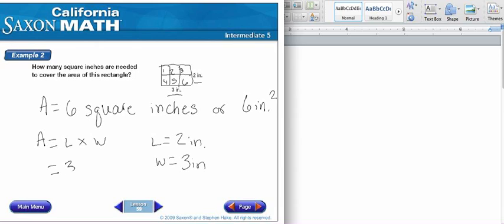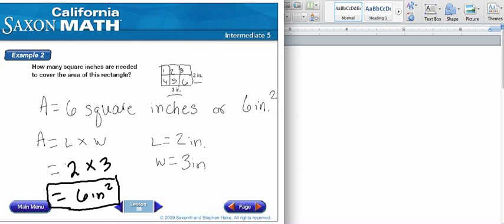Area equals 2 times 3 equals 6 inches squared. Make sure that you put those units on the end. Okay, so we've counted it and we have multiplied it using the formula. All right, let's look at example 3.